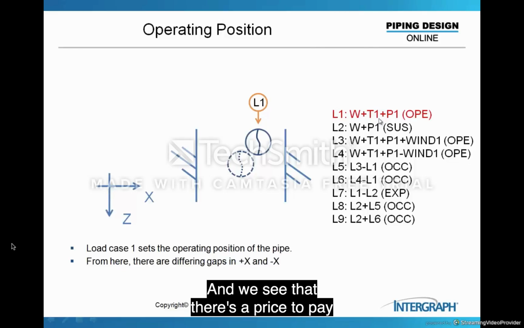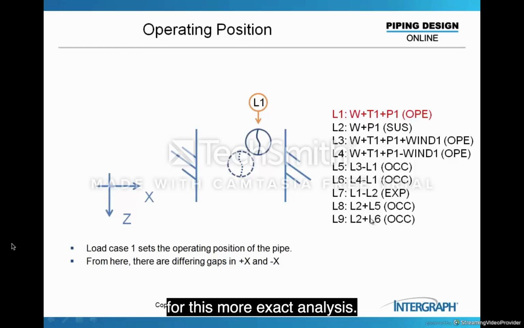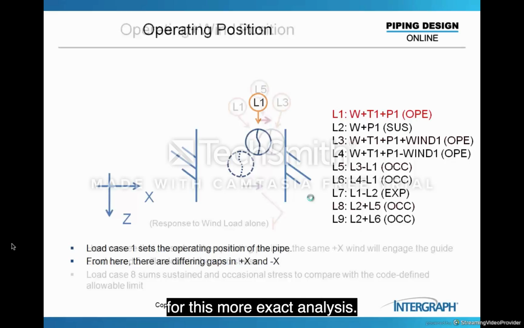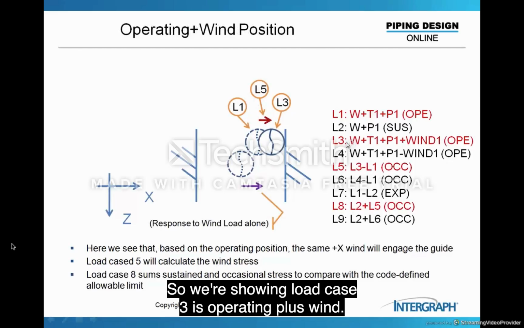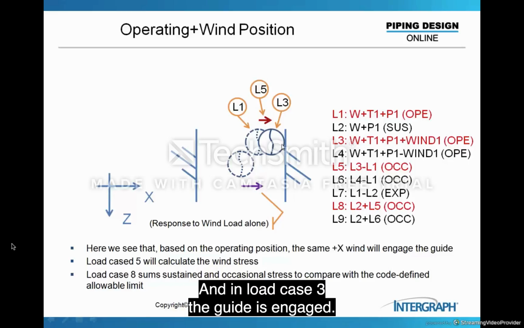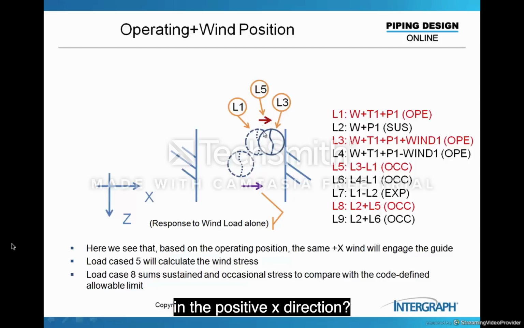And we see that there's a price to pay for this more exact analysis. So we're showing load case 3 is operating plus wind, and in load case 3 the guide is engaged. So now the wind is going into the structure and not loading up the pipe as much, and not so much bending the pipe. So how much wind load was actually put in the positive x direction?